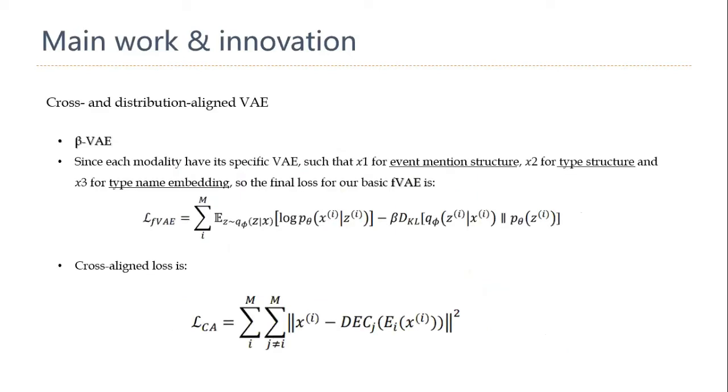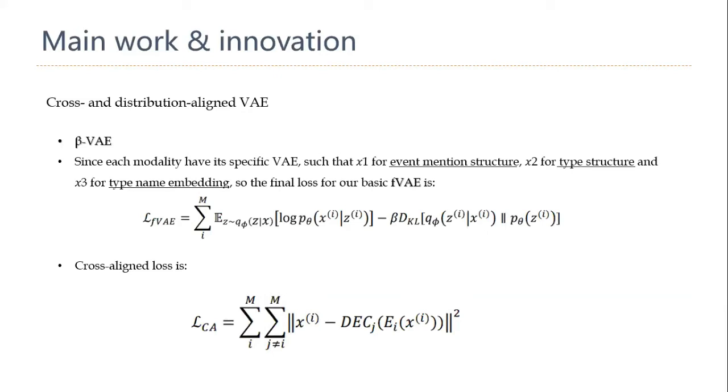But we need to do something with the basic VAE, and we propose the cross and distribution aligned VAE. As we know, in our few-shot event detection framework, for unseen classes, only category description and few-shot mention samples are provided in the training set.